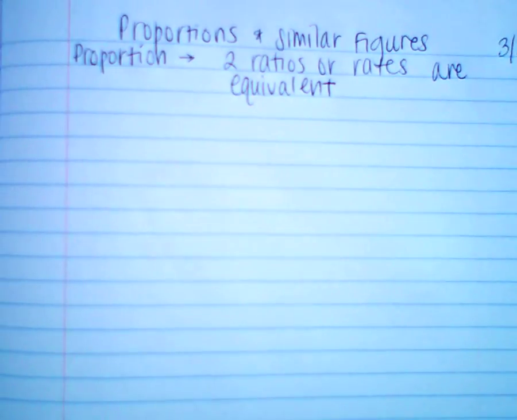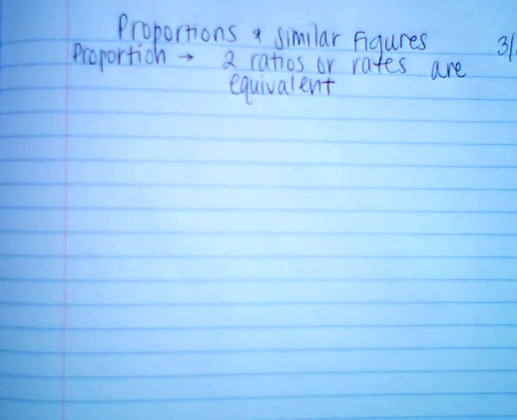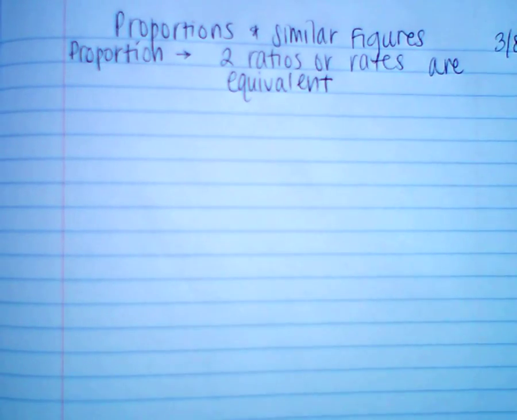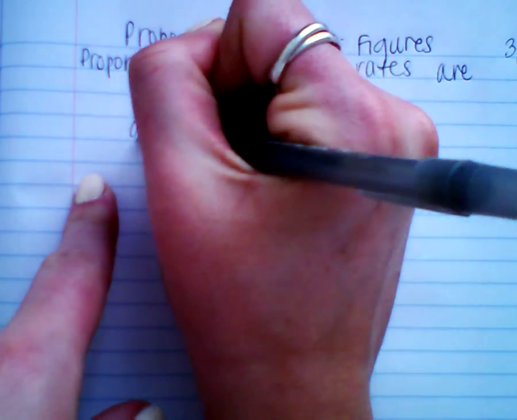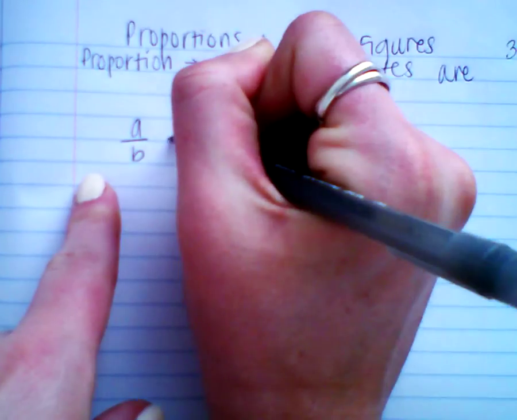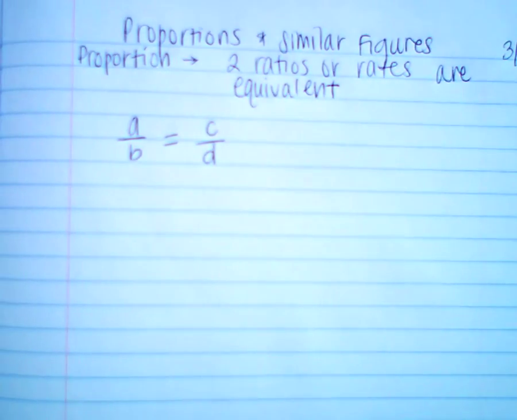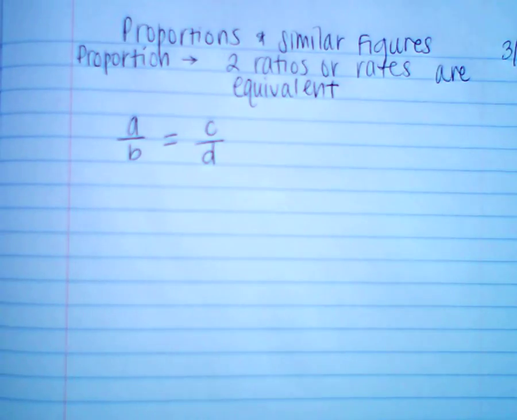And we know that we can write ratios and rates like fractions, so it's basically just saying that two fractions are equal. So a proportion is saying something like A over B is equal to C over D. It's literally just two equal fractions for the most part.